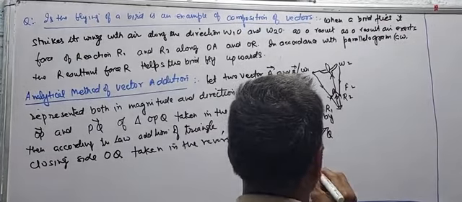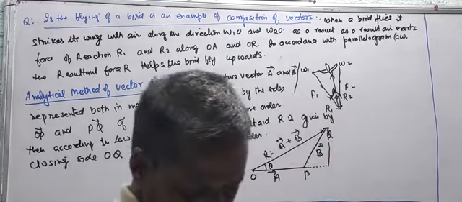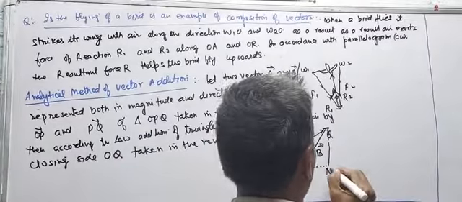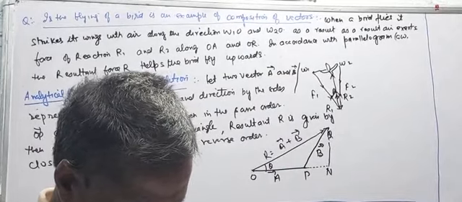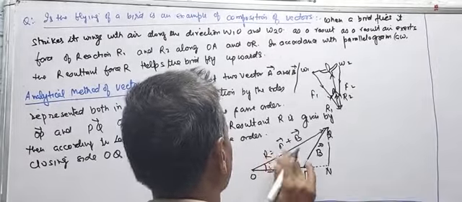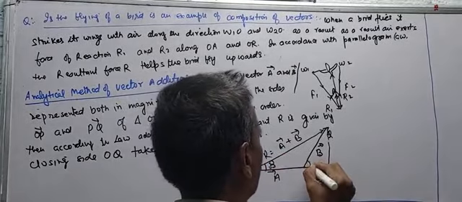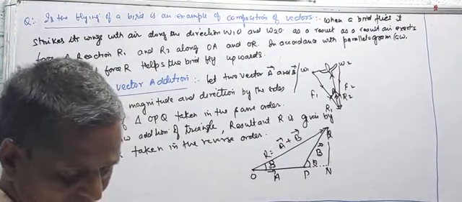We extend this direction and take a perpendicular at point N. This is a beta angle and this is a theta angle.